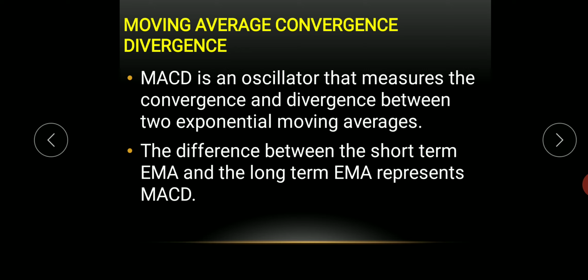Here you calculate the exponential moving average for different periods: one short-term exponential moving average and one long-term exponential moving average. For example, you take 25 days of security prices and measure the exponential moving average for 25 days, and you get one number.